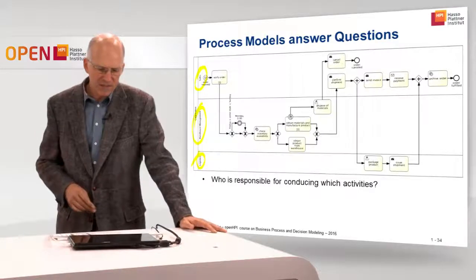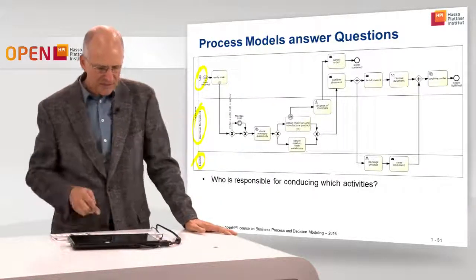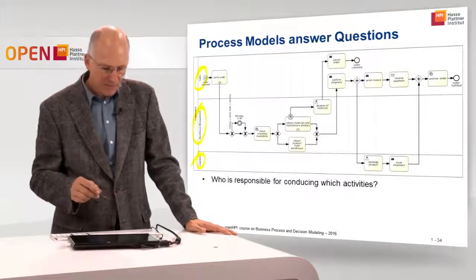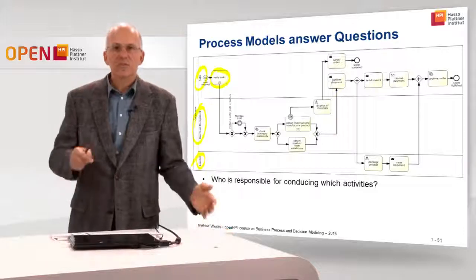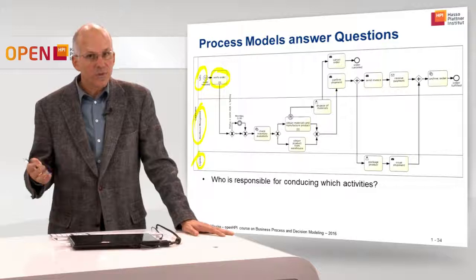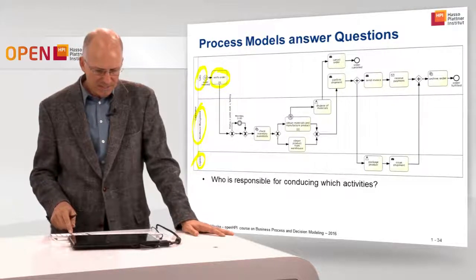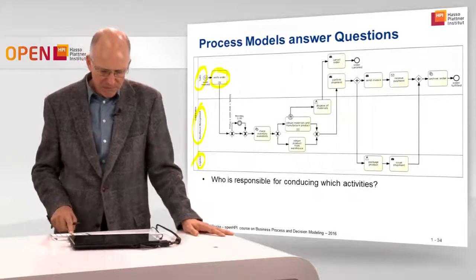Activities are positioned in certain lanes, as we call it. When an activity is in a certain lane, that means the respective organization or department is responsible for conducting this activity or for deciding certain things. All right, who is responsible for conducting which activities?